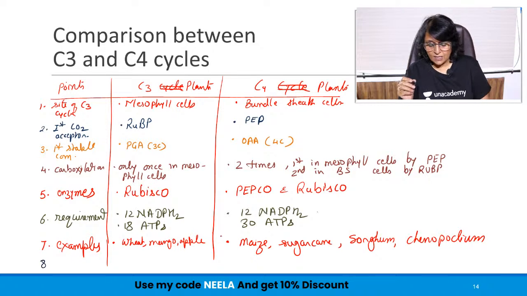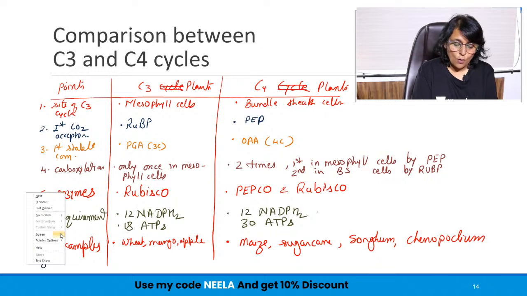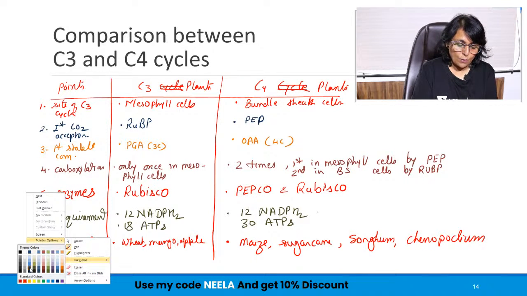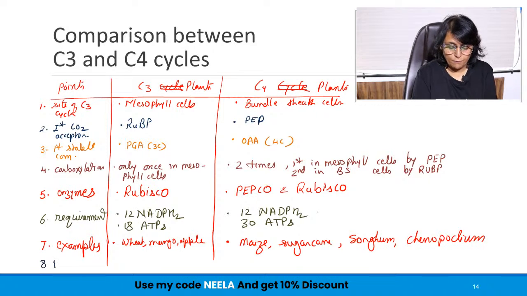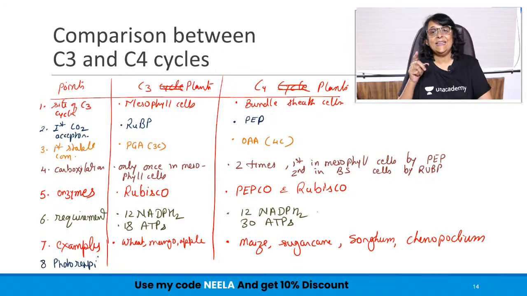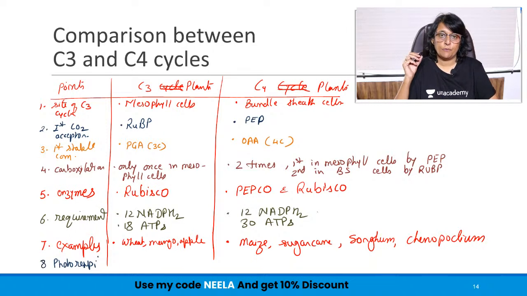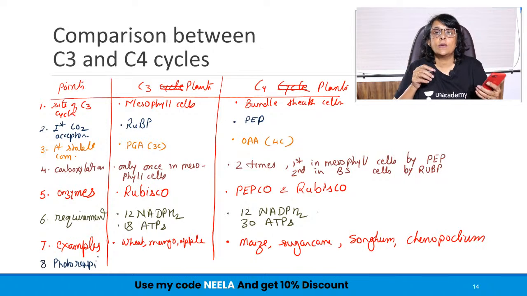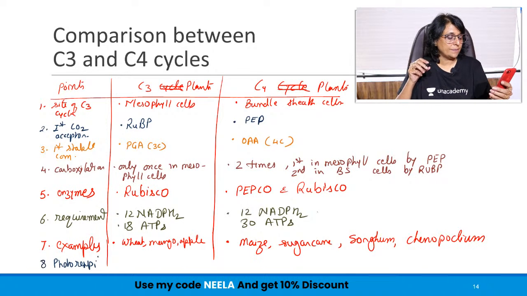The last point which we are talking about is photorespiration. Now, whether photorespiration takes place in C3 plants and C4 plants or not, this is our answer. So is there photorespiration in C3 plants?